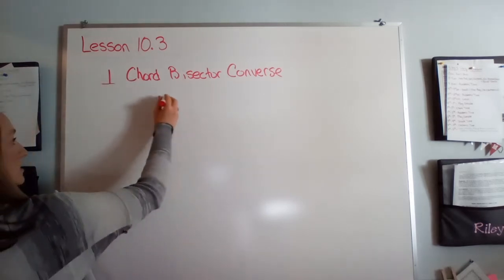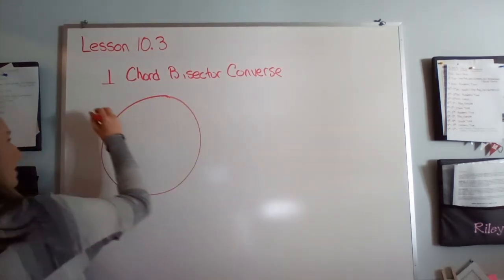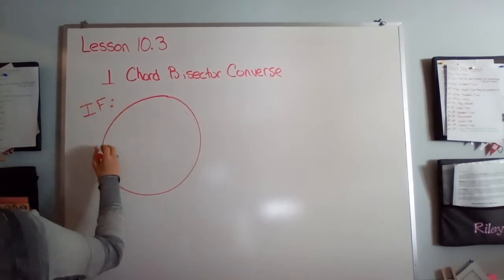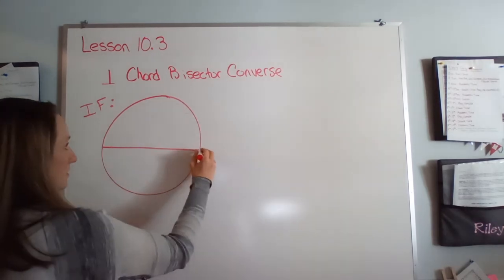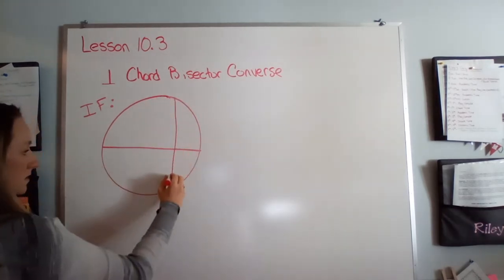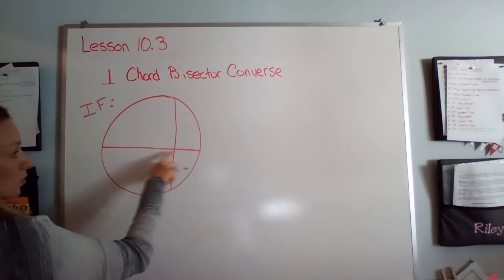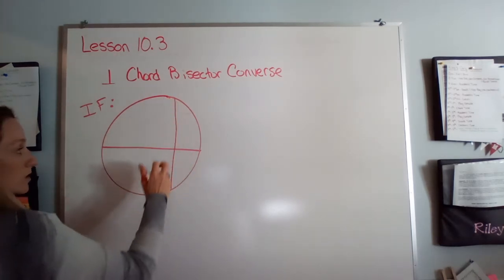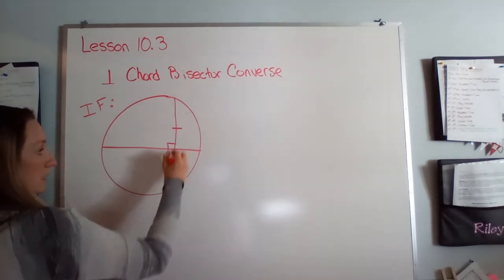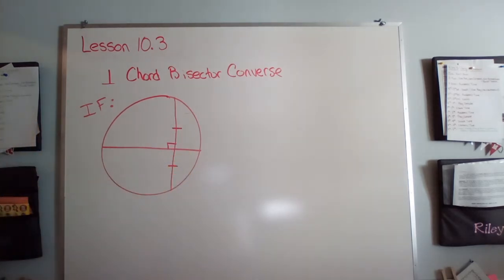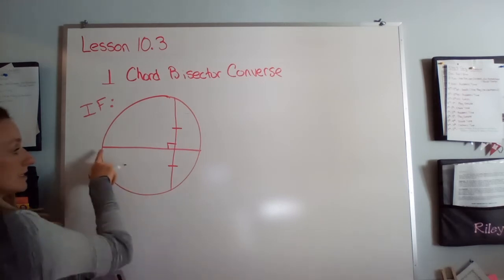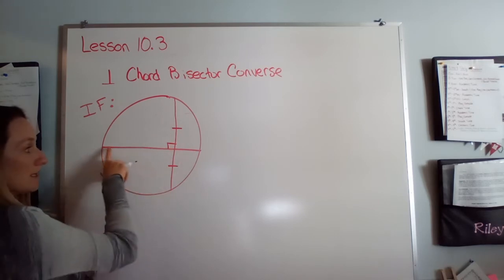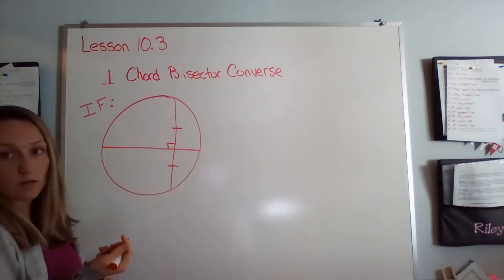For instance, if you're given something like this, if this chord bisects and is perpendicular to this chord here, I'm allowed to conclude, since this first chord is perpendicular and bisects the second chord, that the first chord is the diameter. It's going through the center.